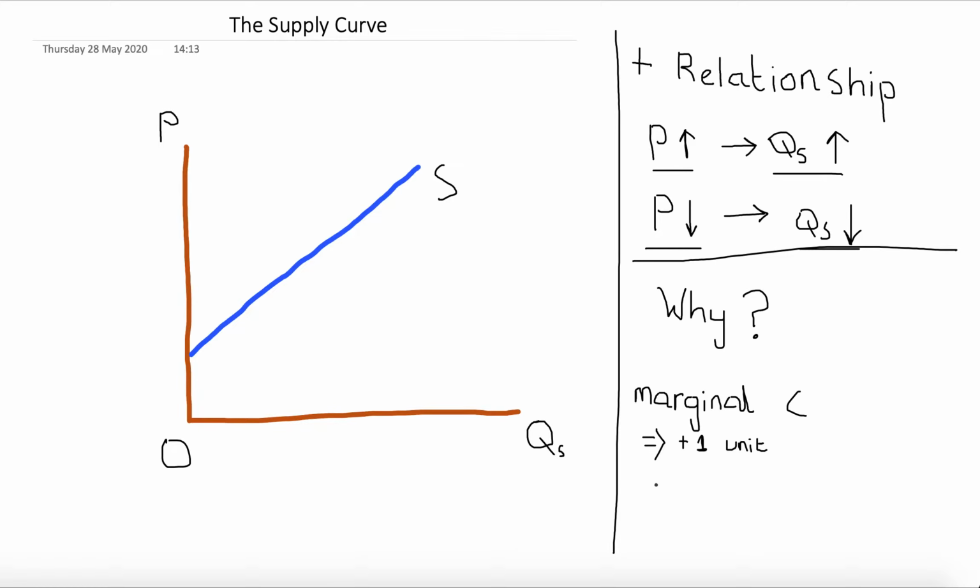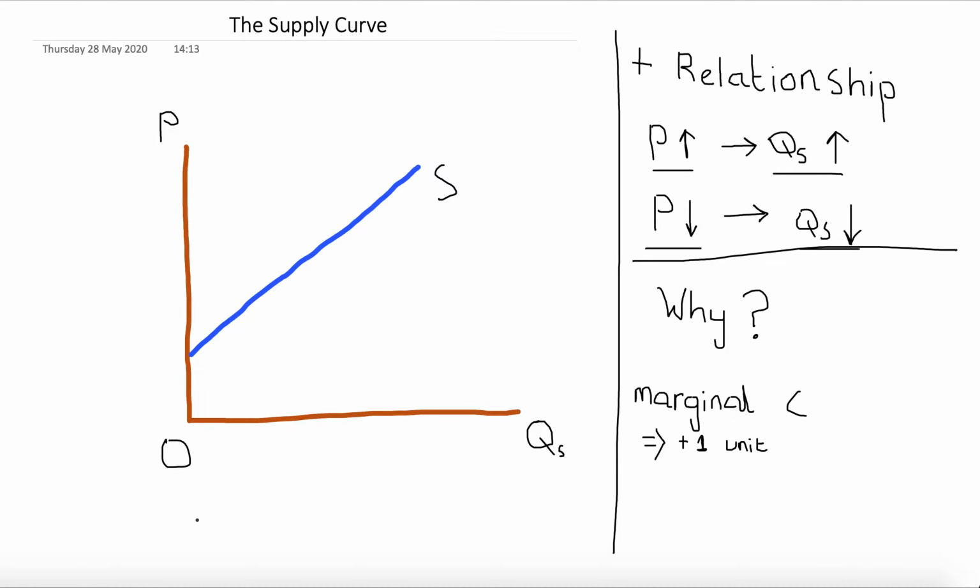So marginal C. And it's the cost associated, or an increase in cost associated with producing an extra unit. And there's an increase in marginal cost, okay? So as we want to produce more and more, the cost for every additional unit increases. And we can look at that in more detail later on. We might do an episode on cost of production. But for now, you'll have to take my word on it.